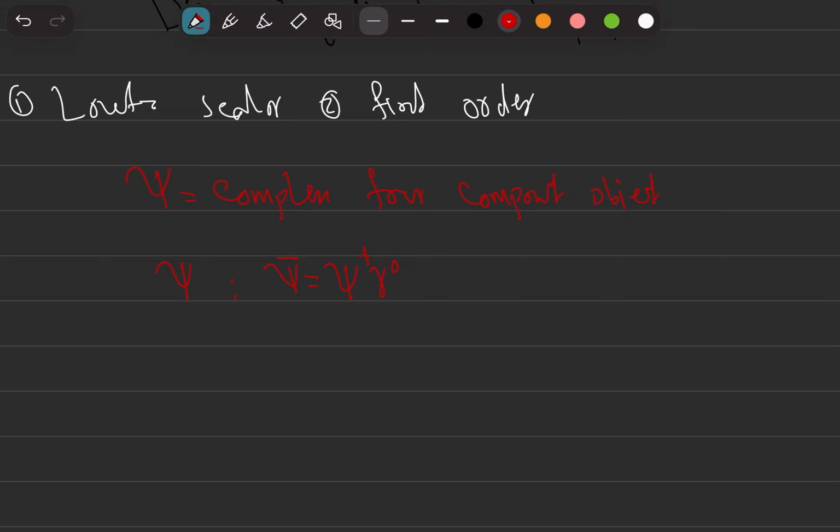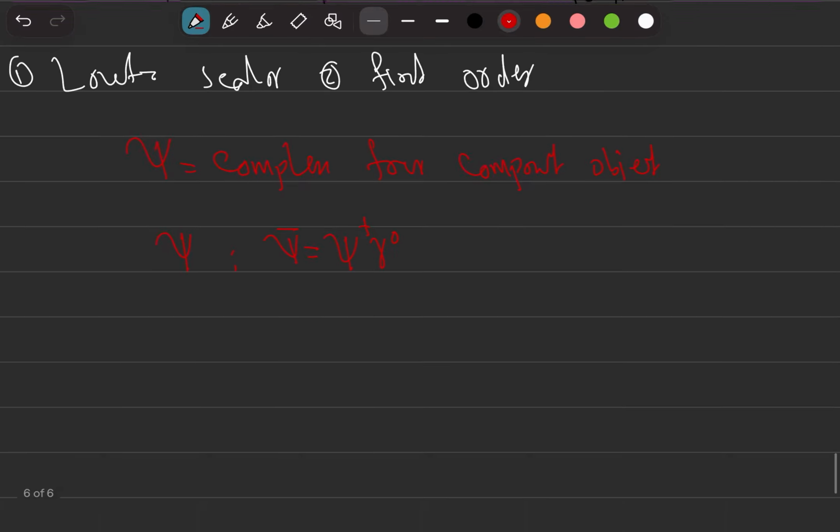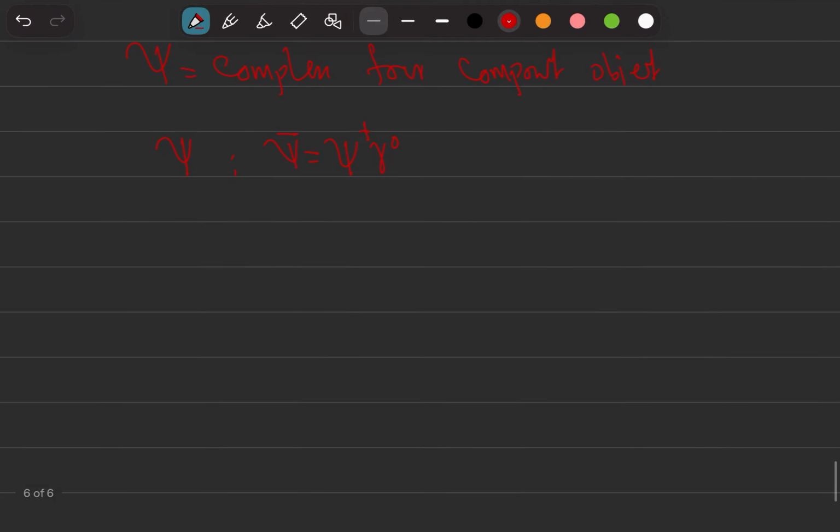Now what we can do is consider the terms that we can construct from these two, which are scalars.